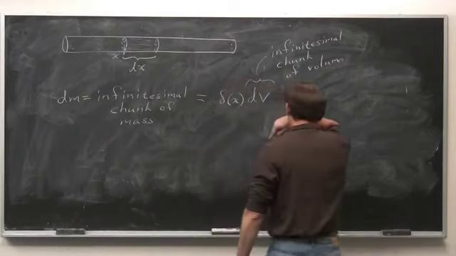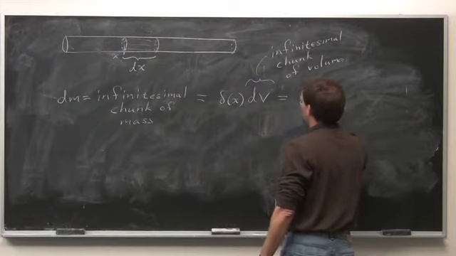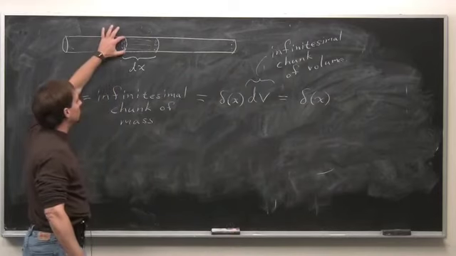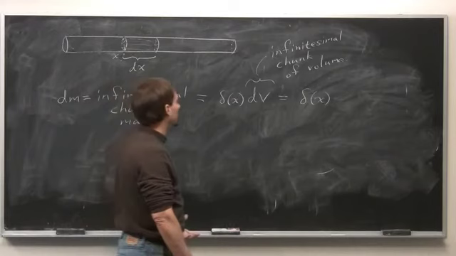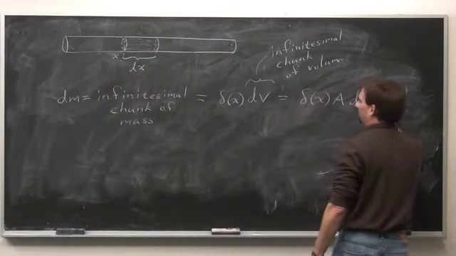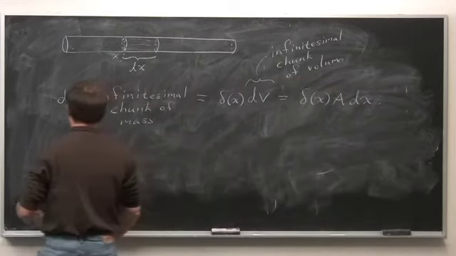So what do we do? Well, this is density times an infinitesimal little chunk of volume. It's the cross-sectional area times an infinitesimal change in length. So this is just A times dx. Great. And what do we want to do?